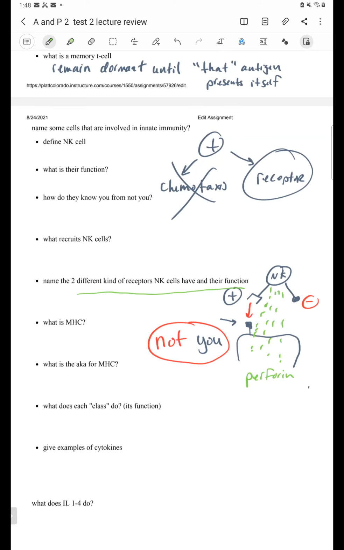So it just sees MHC on a cell, and if it has it, then it says, okay, I won't kill it. But if it doesn't have MHC, then that's when it goes into destroy mode. Yes, you're right. Sorry, I got that wrong on the quiz. Thank you. You're welcome.